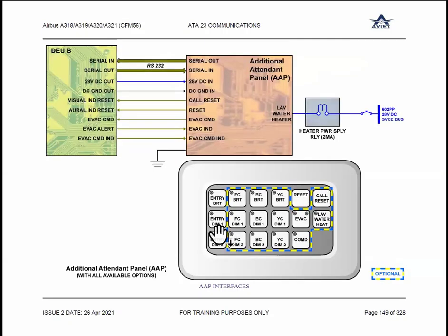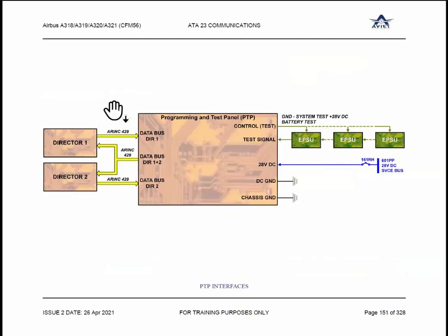All right. ARP interface, this is the ARP panel, the additional attendant panel. So all the discrete signals are connected, the RS-232 line is connected, and the power supply is by the service bus. Most of the power supply is from the service bus. Only the directors, DUA and DUB, are different. PTP is connected to director 1 and 2.